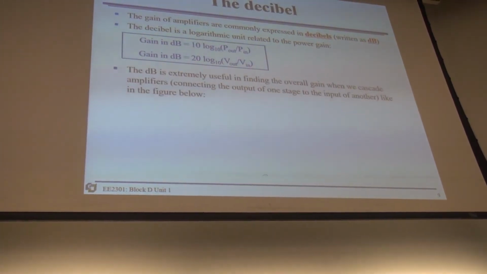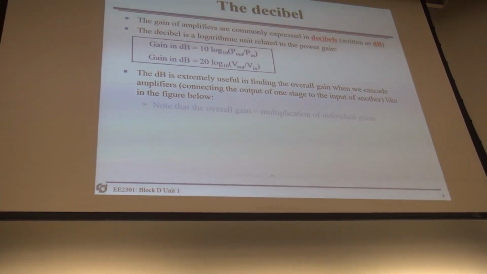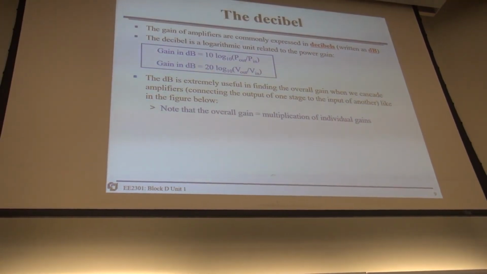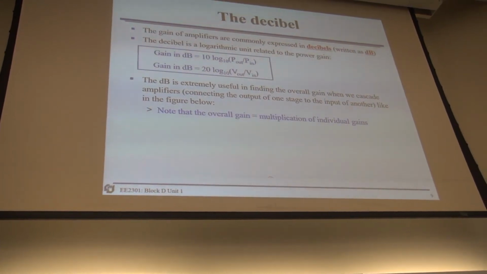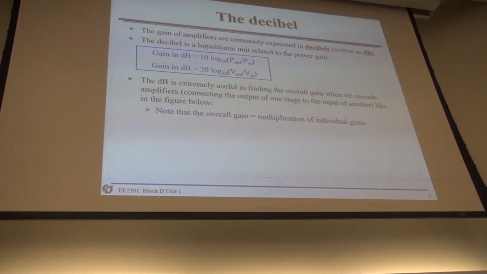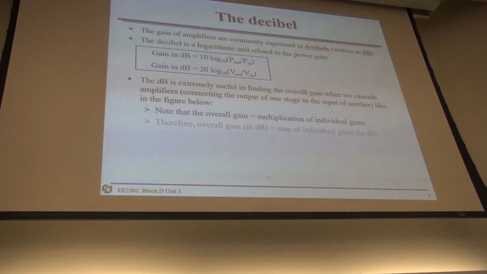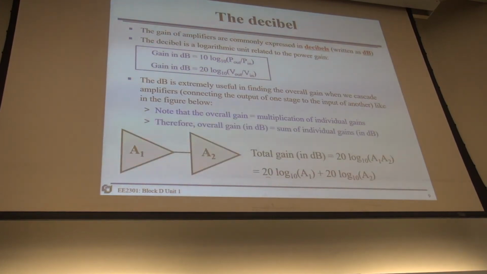Okay. So that's useful. The reason is the overall gain is a multiplication of an individual gain, as you'll see. So suppose you have, so this is called a single stage amplification. Sometimes this is not enough. I want to amplify further. So you cascade another one. Okay, this is a cascade.